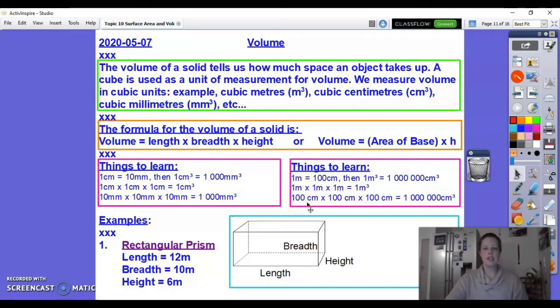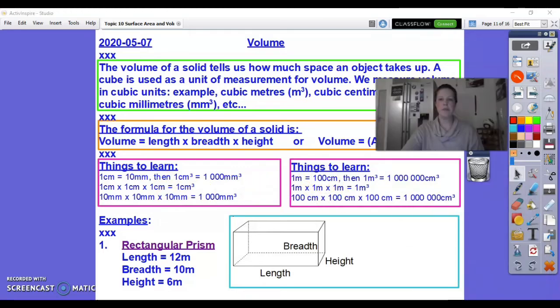So 100 centimeters, which is my length, times 100 centimeters, which is my breadth, times 100 centimeters, which is my height, and it gives me 1 million centimeters cubed. So these two lines are what you need to know off by heart. These other 2 lines are just the proofs of that first statement.